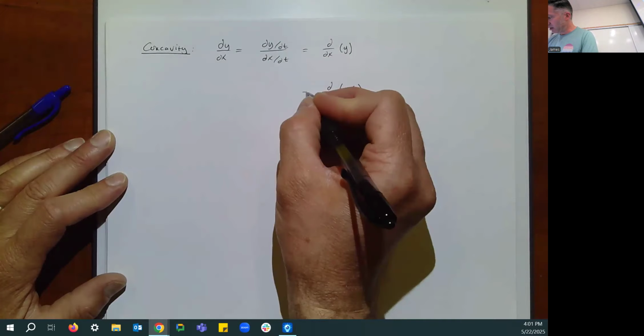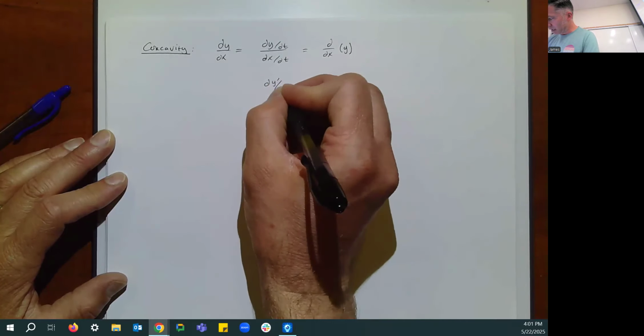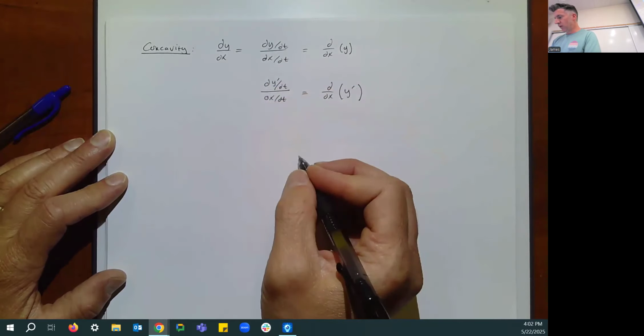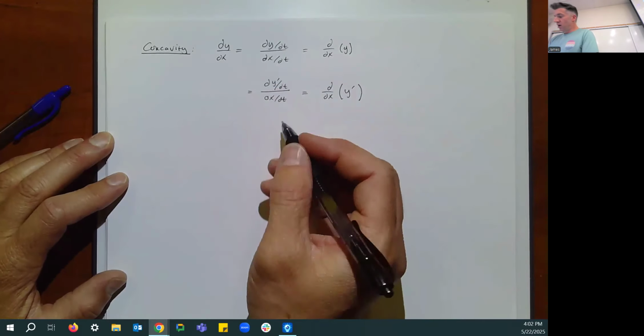Well, that's going to be the derivative of y prime with respect to t over dx/dt.